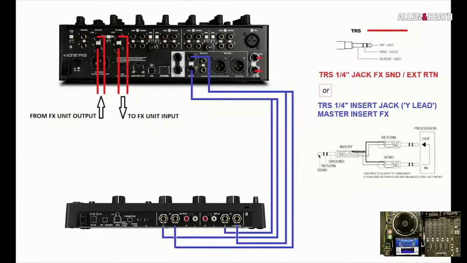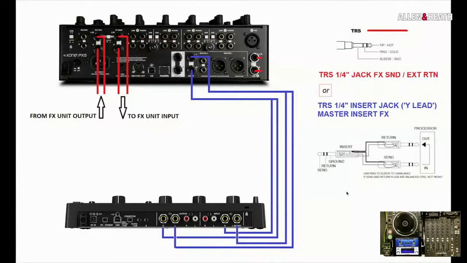So as I say, the send routes the audio out of the console into your effects unit. The processing goes on in the effects unit, and then you have the output back down the cable, and it returns to the console on the ring connector on the TRS jack.